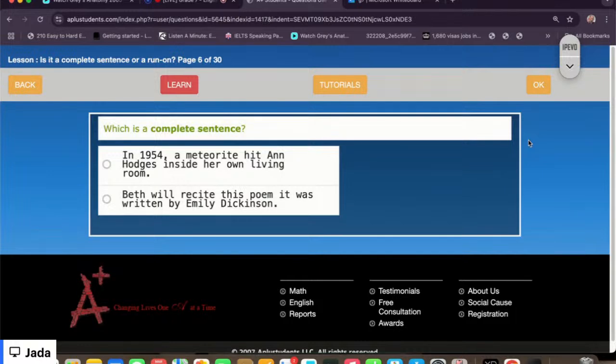So, complete sentence. In 1954, a meteorite hit Anne Hodges inside her own living room. Birds will recite this poem. It was written by Emily Dickinson.